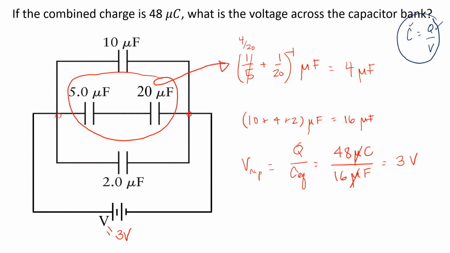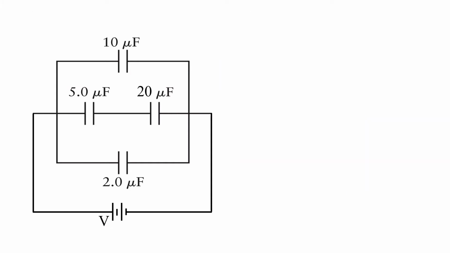Now that we know this about the potential difference, we can answer some other questions and analyze the entire circuit. So back to this circuit, I've got 3 volts of potential. And so I notice that since this piece at the top and this piece and this piece are all in parallel, the potential drop across there is 3 volts.